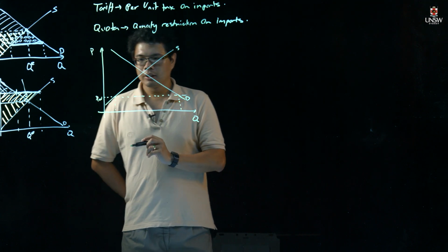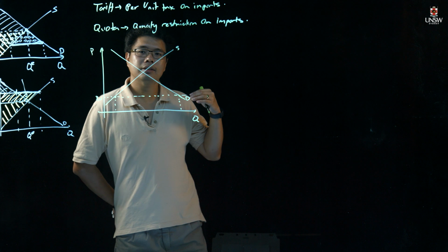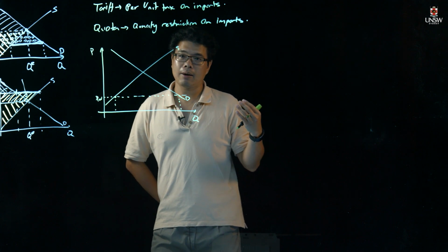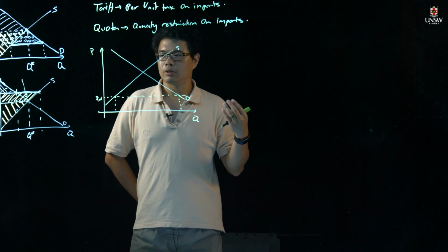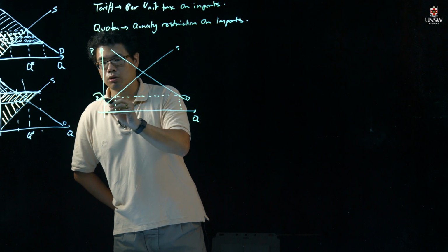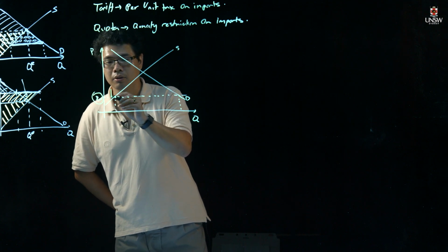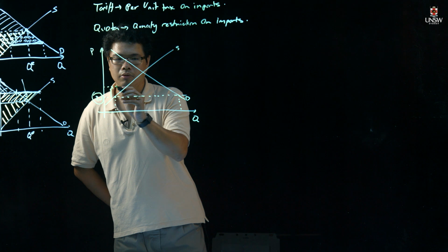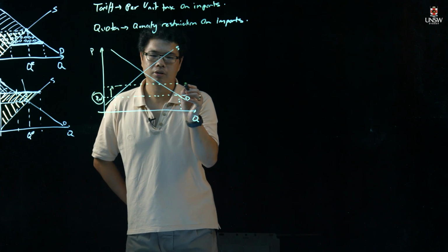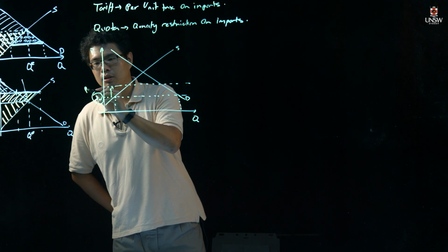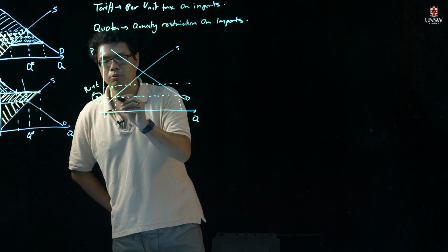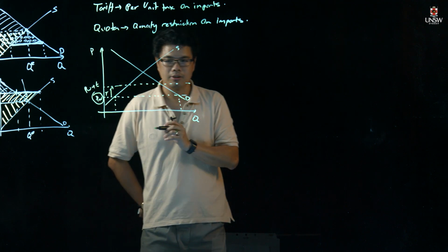Now, let's say that the government has said we're going to whack on a tariff. So the price will then go up here, and this is PW plus T, where this amount is simply T.